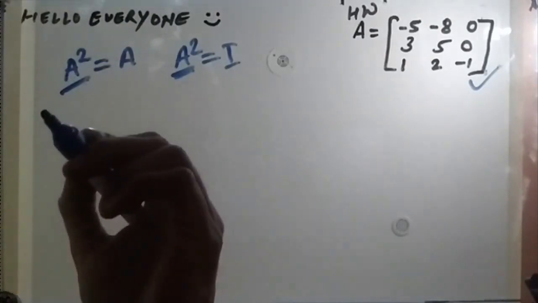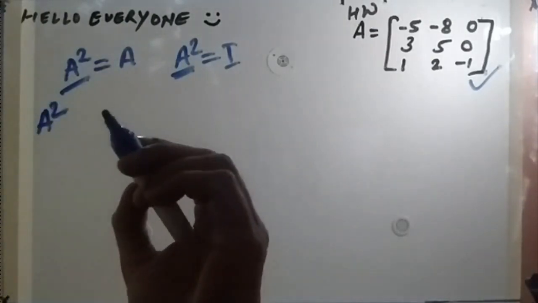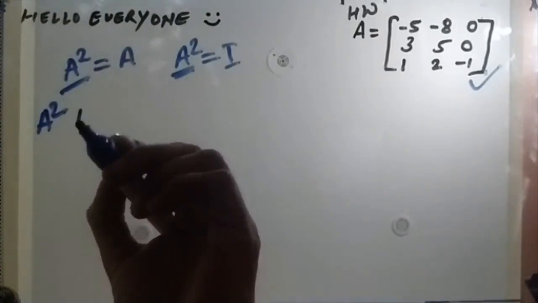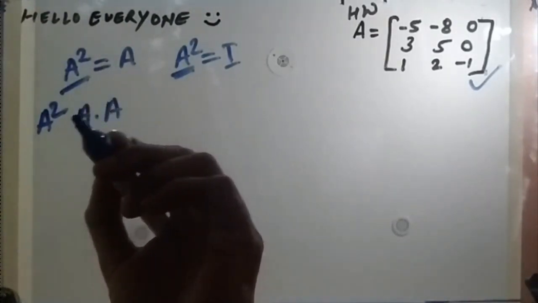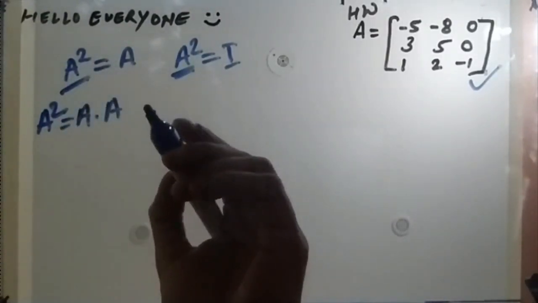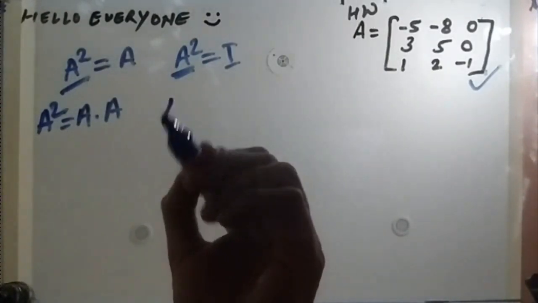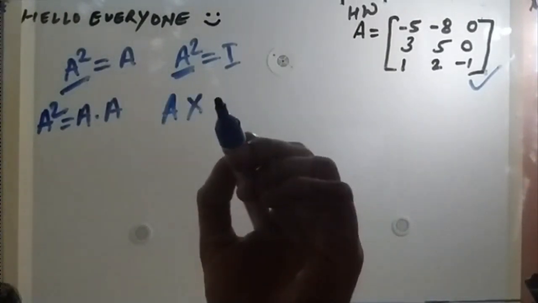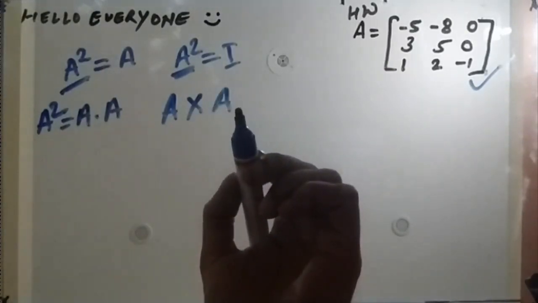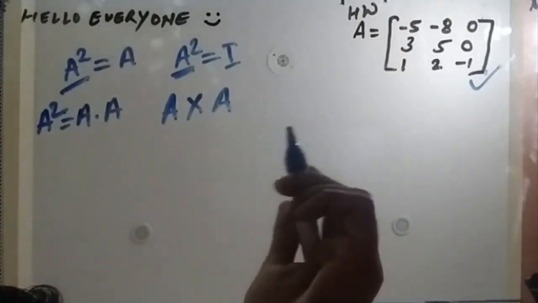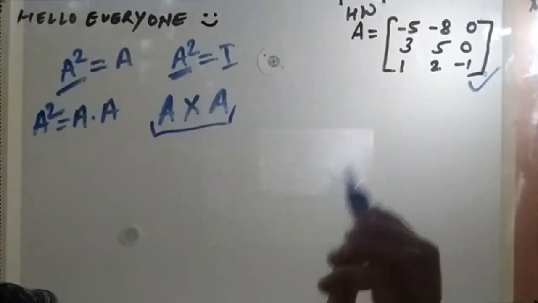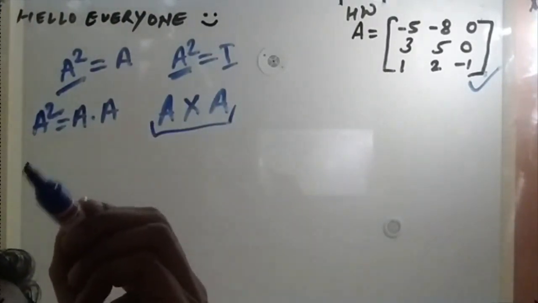A square can be written as A dot A, which means we have to multiply the A matrix to the A matrix to get the desired result. Okay, so let me write the matrix here.